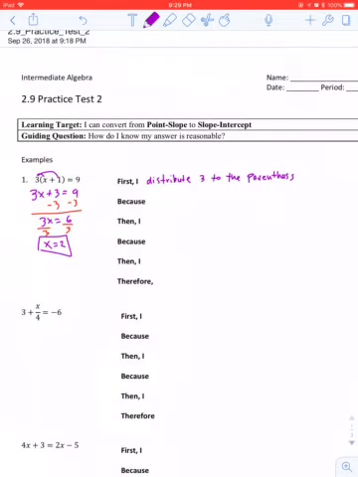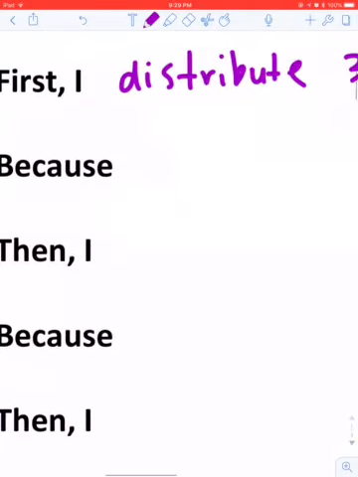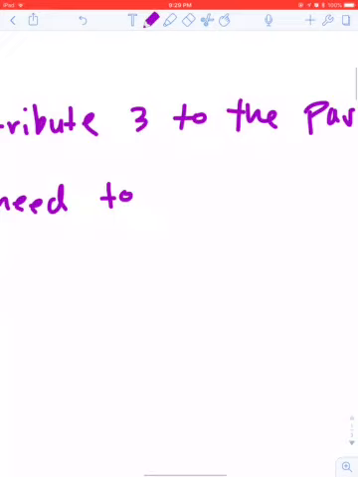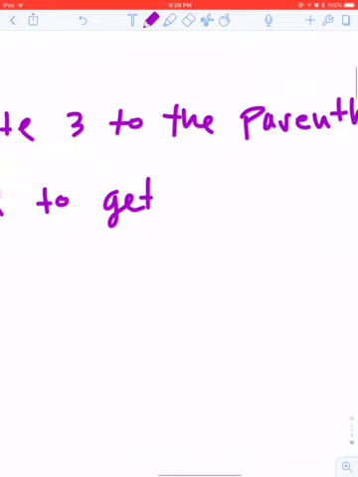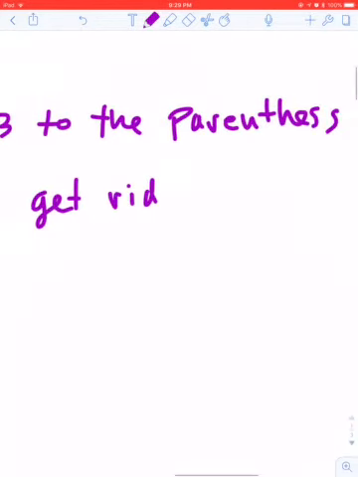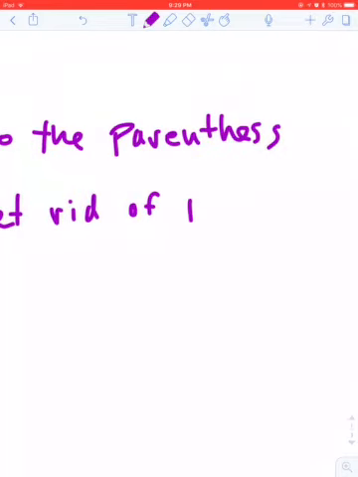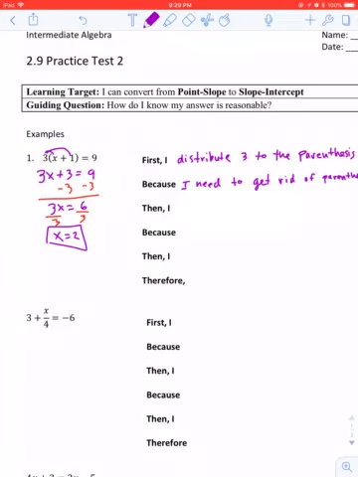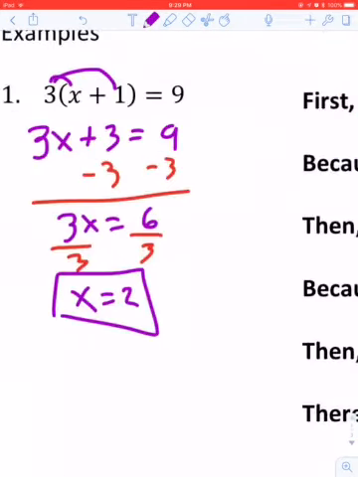And why did I do that? I did that because I need to get rid of the parentheses. That's essentially the reason why we're doing it, because the parentheses is there. We cannot do anything until we get rid of it. Take away the parentheses.